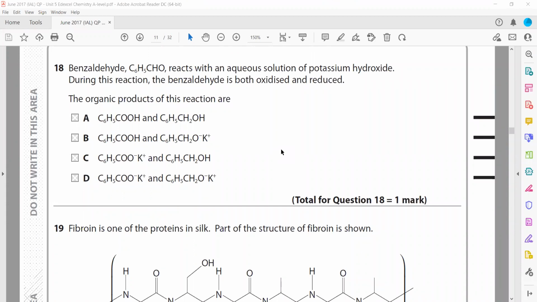Benzaldehyde reacts with an aqueous solution of potassium hydroxide. During this reaction, benzaldehyde is both oxidized and reduced. What is the organic product? So if a substance is oxidized and reduced, what could be the product?